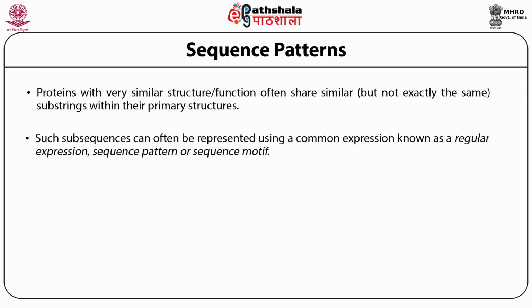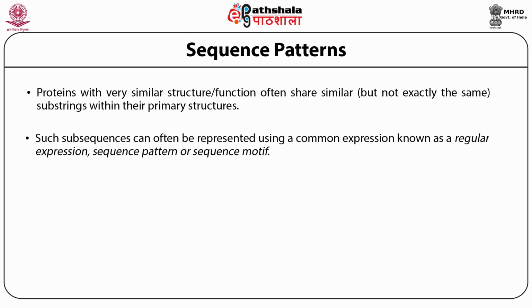Now, proteins which are very similar in structure often have similar functions but not necessarily exactly the same, and such kind of proteins often have very similar substrings within their primary sequences.